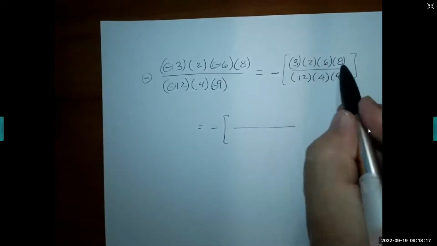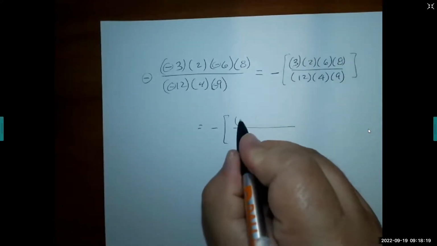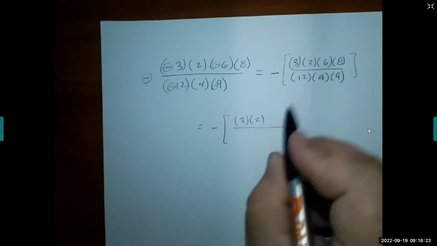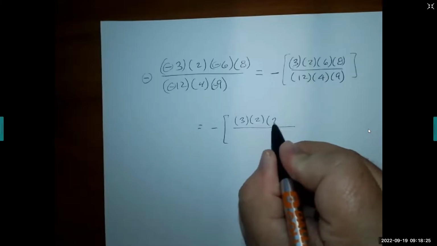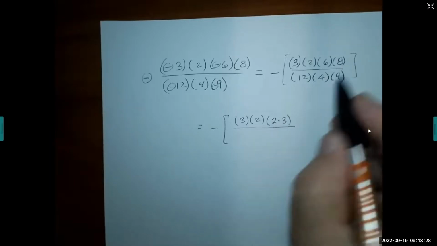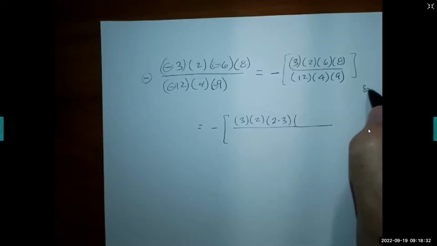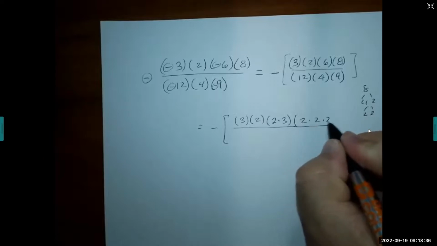Before we do that, let's break them down to the smallest pieces. 3 is as far as it can go. 2 is as far. What is 6 made up of? 2 times 3. What is 8 made up of? Yeah, 8 is 4 times 2, so it's 2 times 2 times 2.